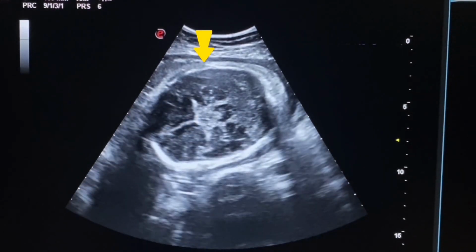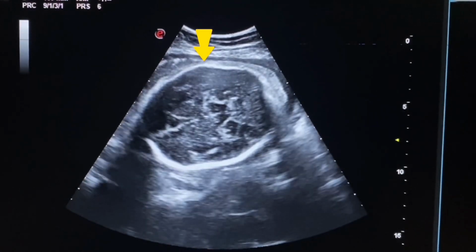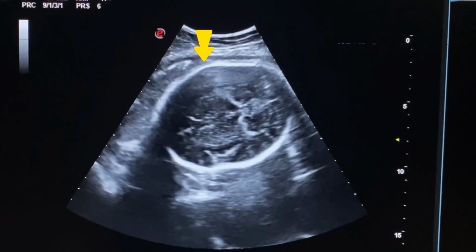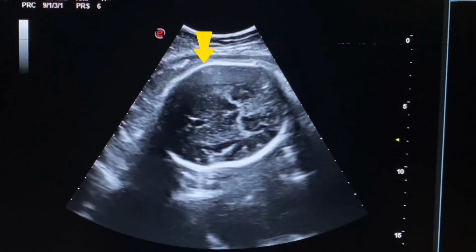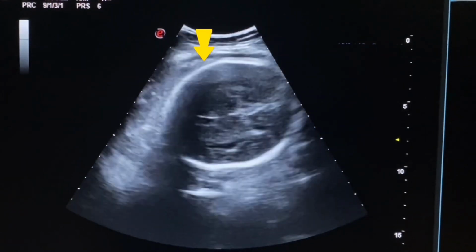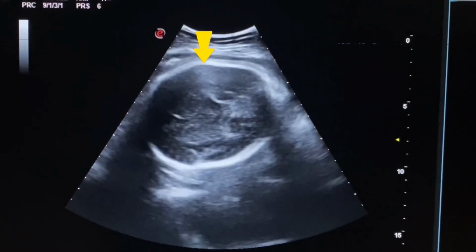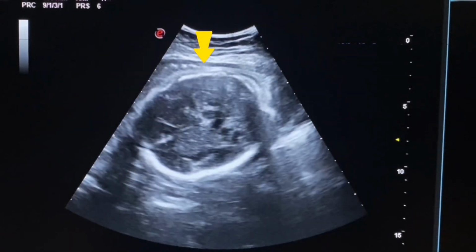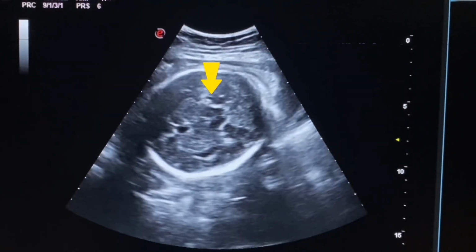Now we slowly slide the probe to adjust the skull to take the biparietal view. To adjust the anomaly to get the arrow sign.